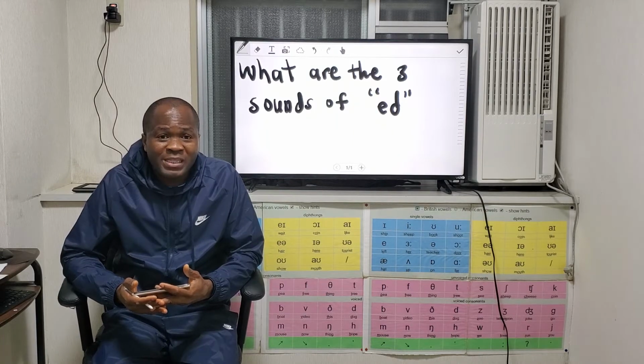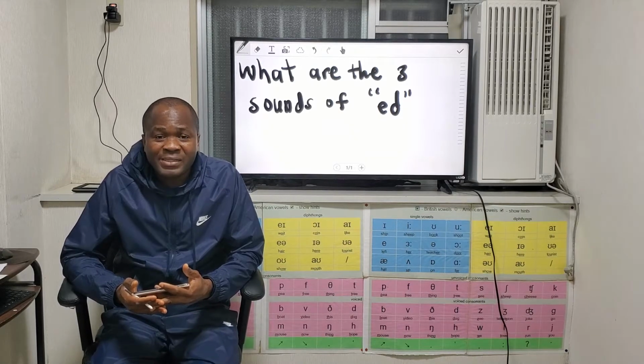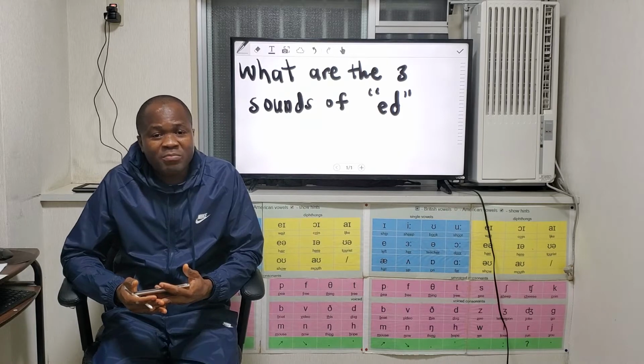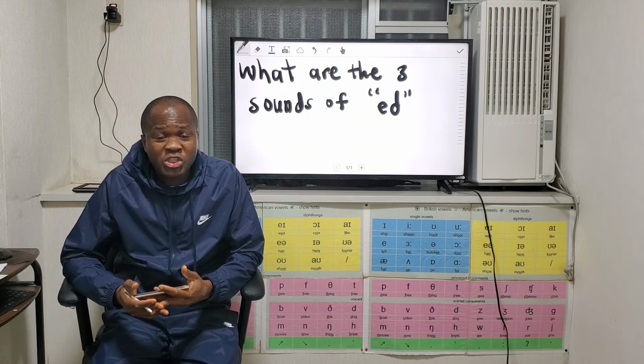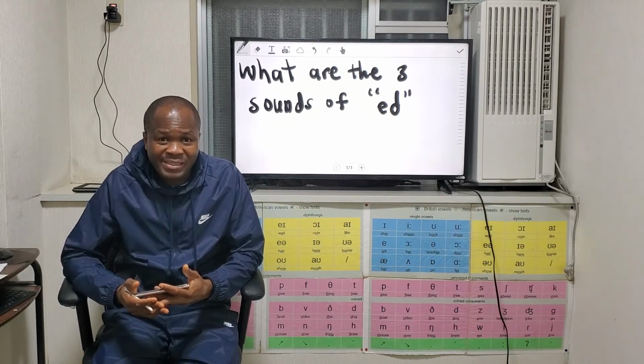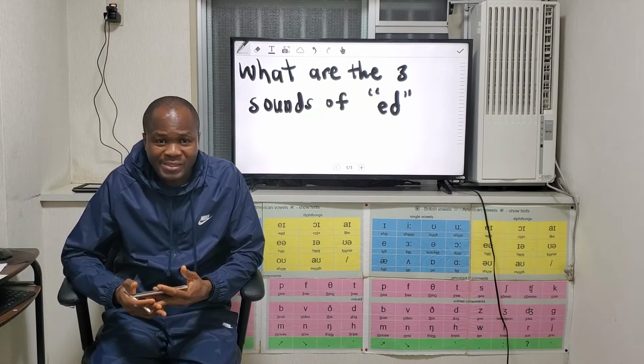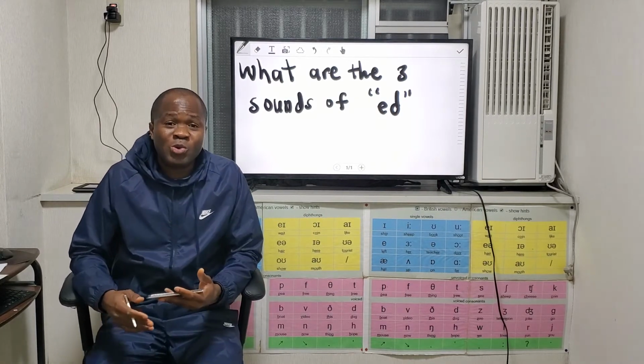But when we talk about ED, we are particularly talking about the regular simple past tense. That means when you add ed to an infinitive verb, it changes into the past. So this is what we're going to look at today.